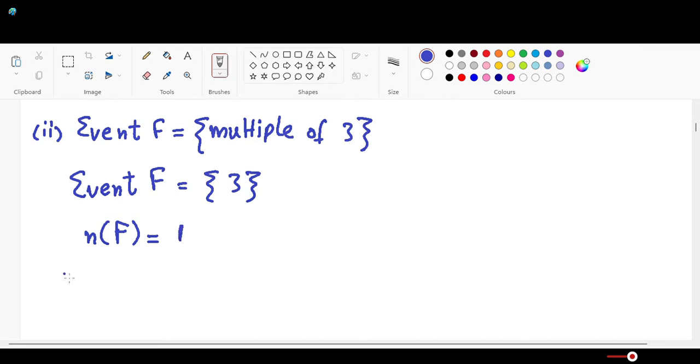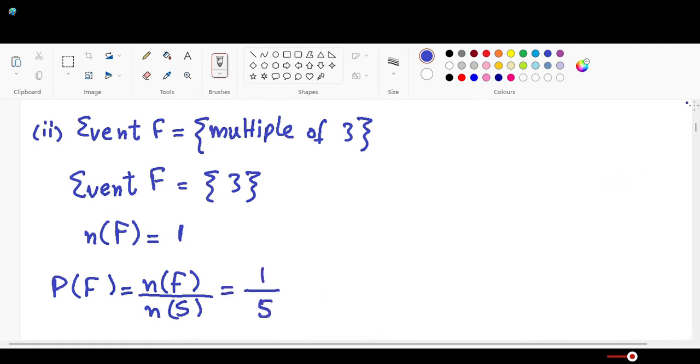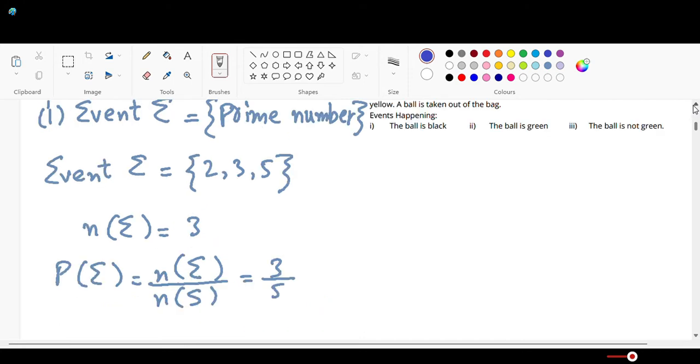So the probability of event F taking place is equal to the number of elements in event F as a ratio of the number of elements in the sample space, which gives us 1 over 5. So there is a 1/5 probability that we get a multiple of 3.